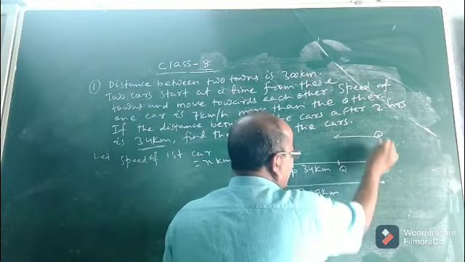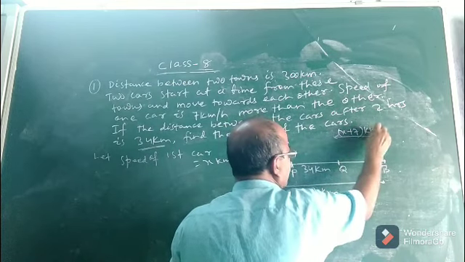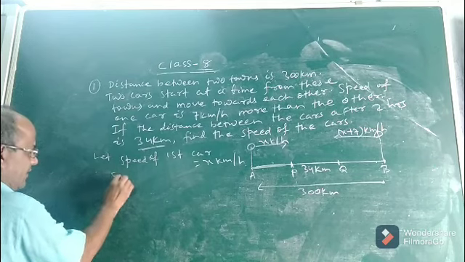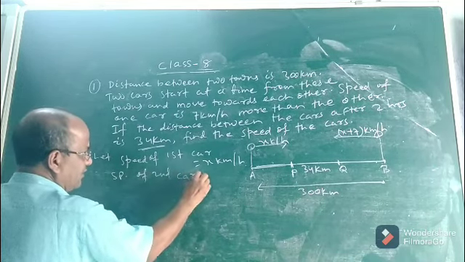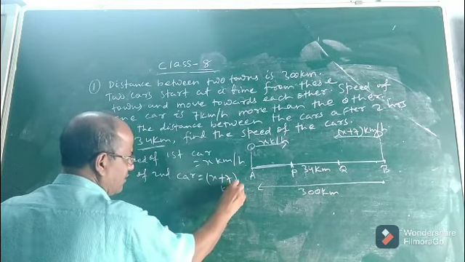Then the car leaving town B is moving at x plus 7 km per hour, according to the question. So the speed of the second car will be x plus 7 km per hour.